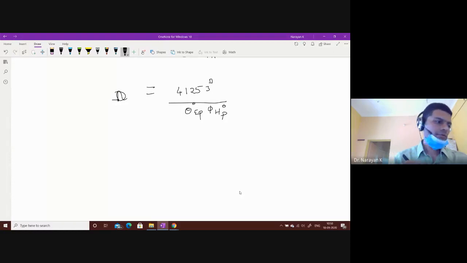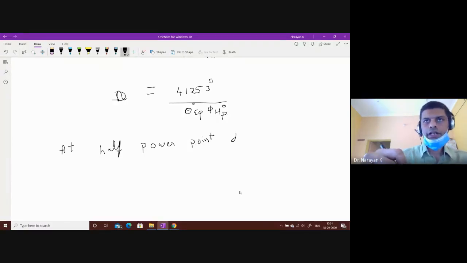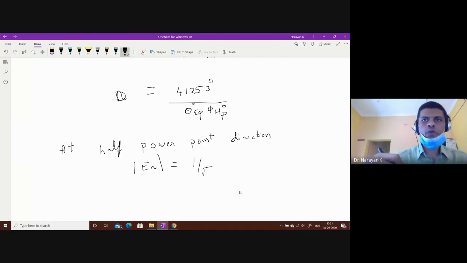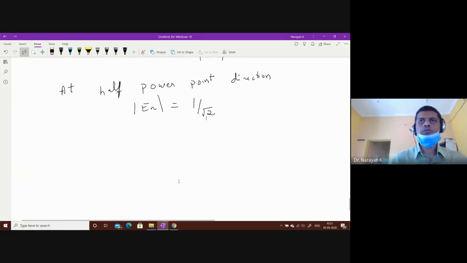Write down: at the half power point direction, the modulus value of the electric field is equal to 1 upon root 2.